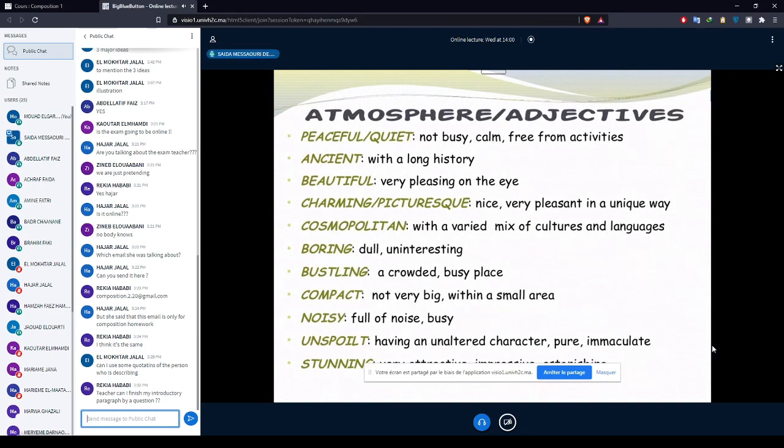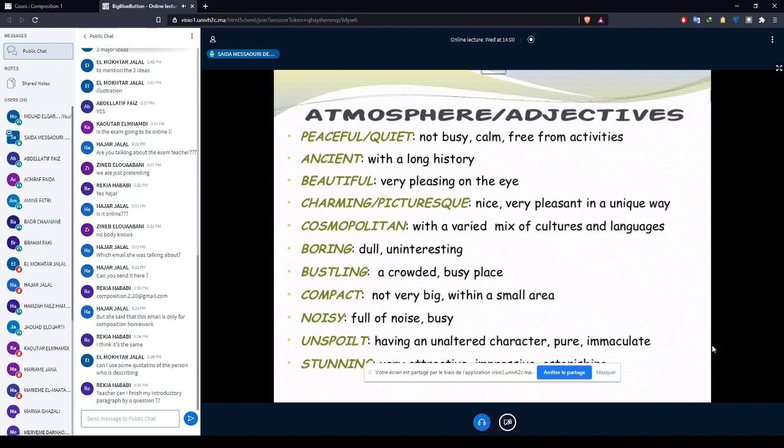Atmosphere adjectives. Remember, I first told you to collect as many adjectives as you can. So these are some more. It's a peaceful place. It's a quiet place, not busy, very calm, free from activities. Ancient, with a long history. Ancient is not the French ancien, it's not old.